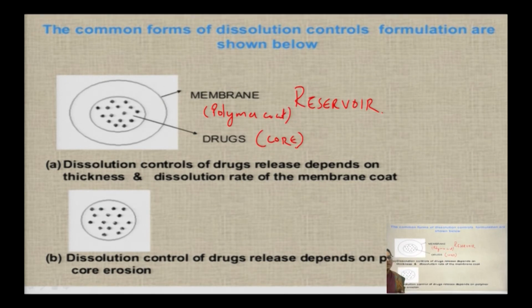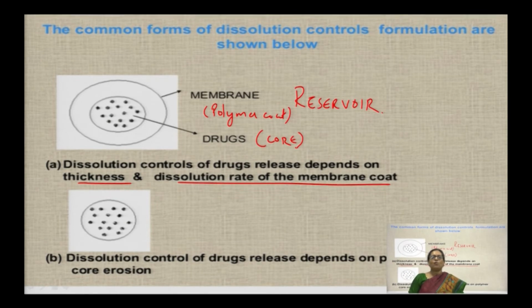And as stated earlier, the drug release will depend upon the thickness of the coat and dissolution rate of the membrane coat. So, in case of reservoir type of dissolution controlled system, the drug release depends upon two parameters. What are they? The thickness of the coating and the rate of dissolution of the coat.